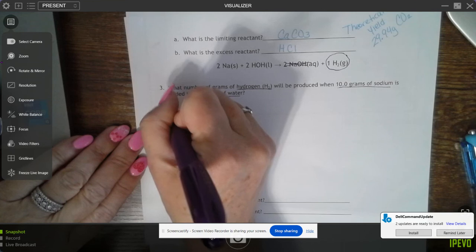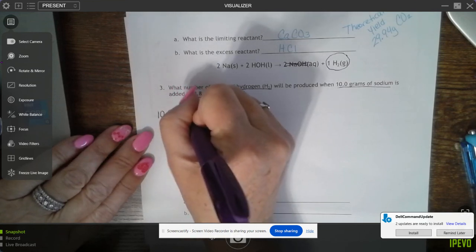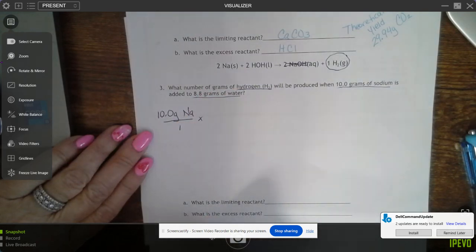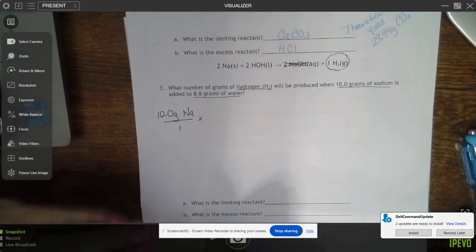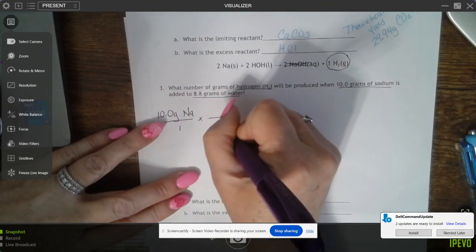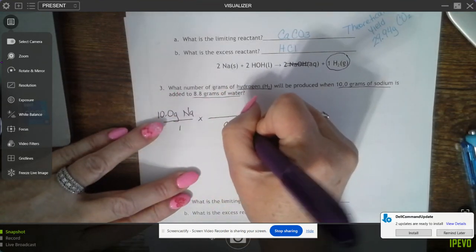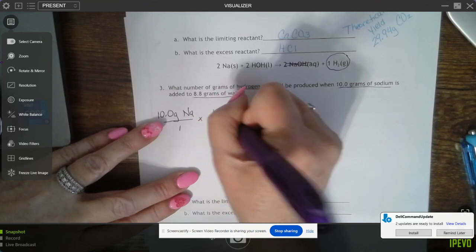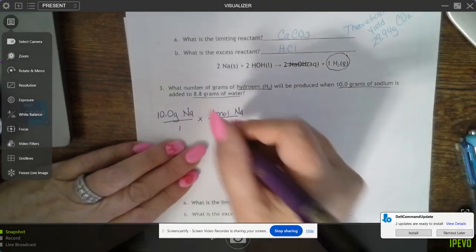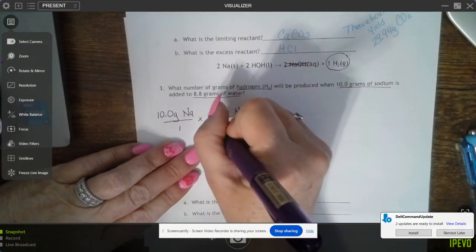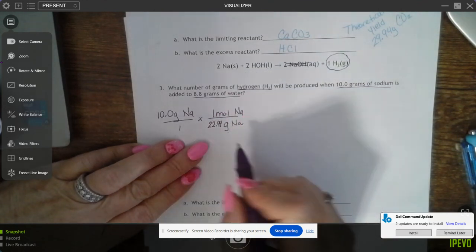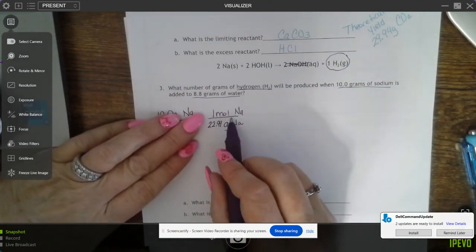If I have 10 grams of sodium, the first step is that we've got grams, so we have to convert to moles. The periodic table says there are 22.99 grams of sodium in 1 mole.